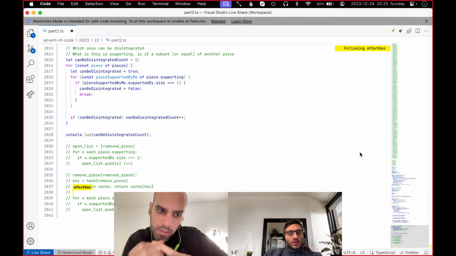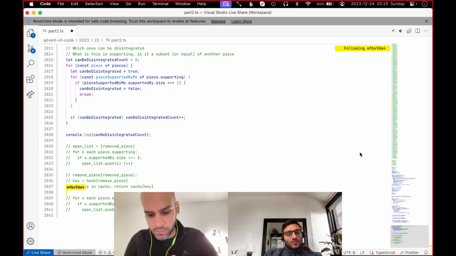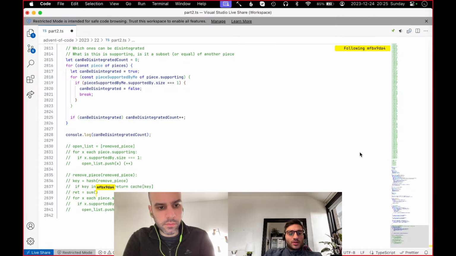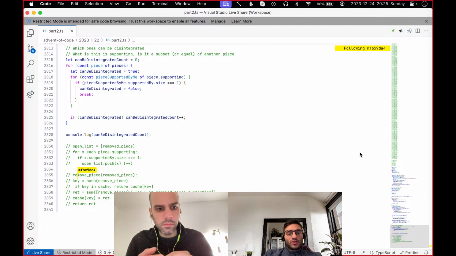Otherwise, we could do something like ret equals sum of the remove piece in supporting, something like that. If you see what I mean. And then it should be similarly reusable work.